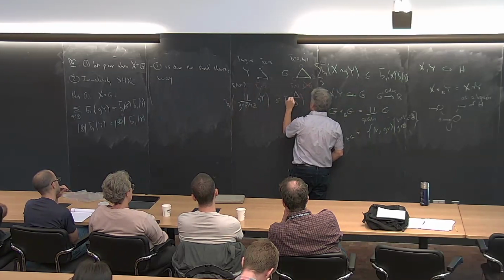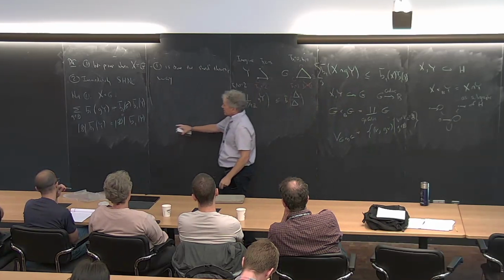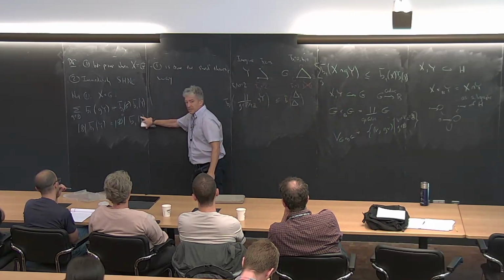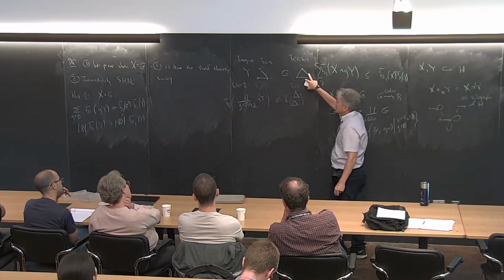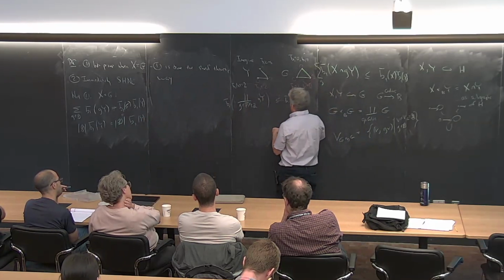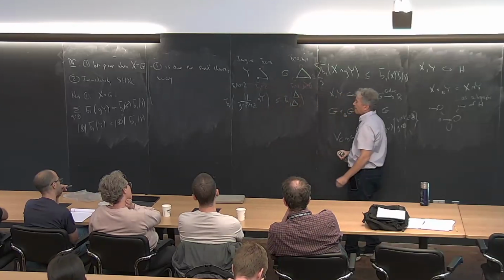but it's going to be hard to draw. But if we take 2 copies of the entire graph G, then we want to prove this inequality, basically.